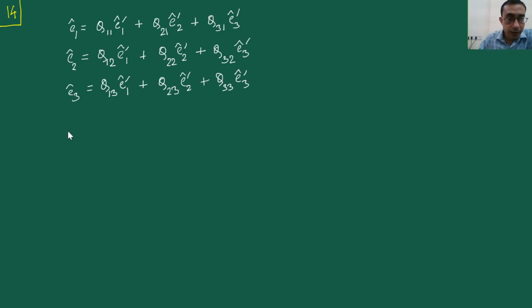Okay, and these relations can be written together as E1 hat in matrix representation, just as before.